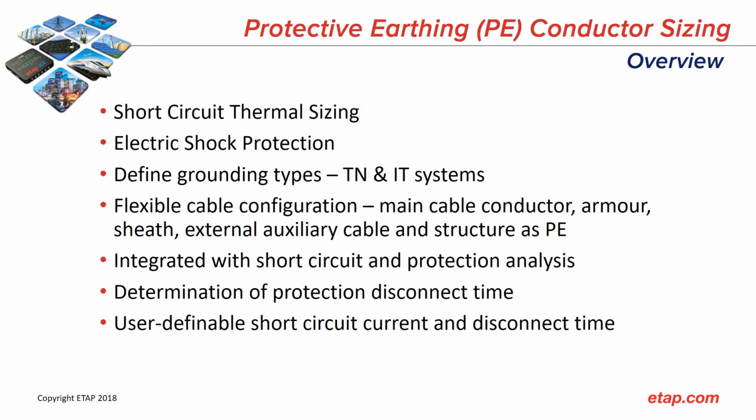In this webinar, we will also cover the integration of cable sizing with short circuit and protection analysis, determination of protection disconnection time based on protective device curve, and the flexibility of user-definable values.